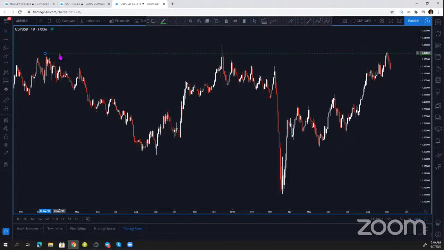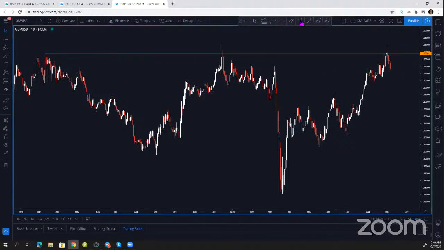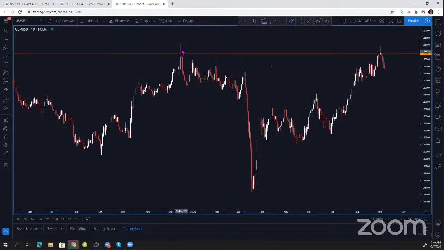Let me just put the correct template here. Actually, I'm going to be using that thicker one. So we were testing a very strong level of resistance, a key level. Right here, we had similar price action on the daily, a big rejection and then a reversal candle.